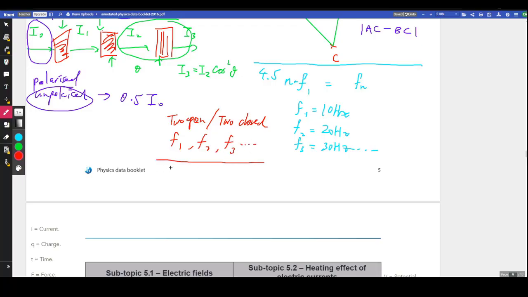But in the case where you have one open, one closed end, then you will only have the odd numbers. This is something that we have deduced, and I'm not going to explain why, but this is something that you may want to pay attention to.